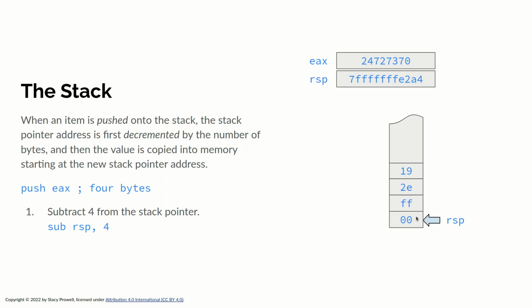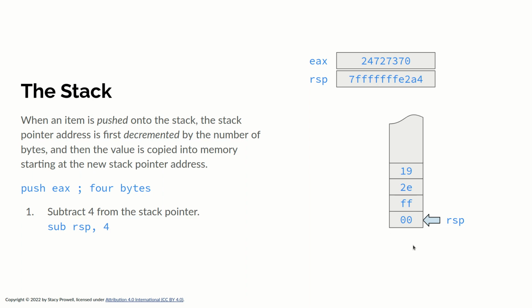Is that the stuff we want to be there? No, it has no resemblance to that. That's just stuff that was already there. Memory always has bytes in it, and as soon as we move the stack pointer, there's going to be stuff there. Maybe that's left over from some prior computation. Who knows? But there's some junk there.